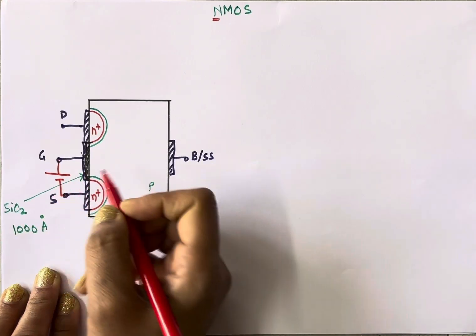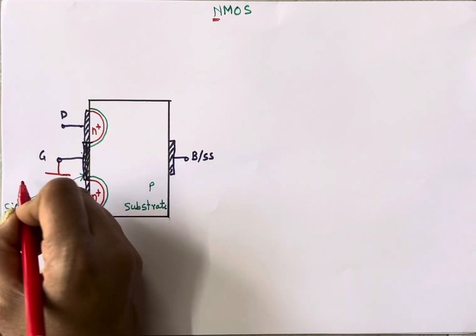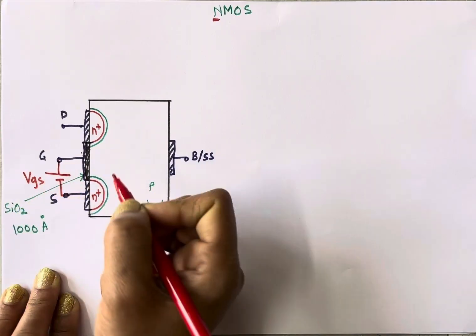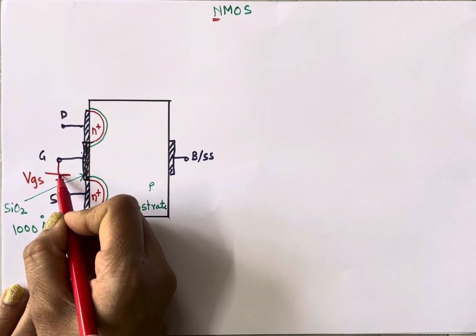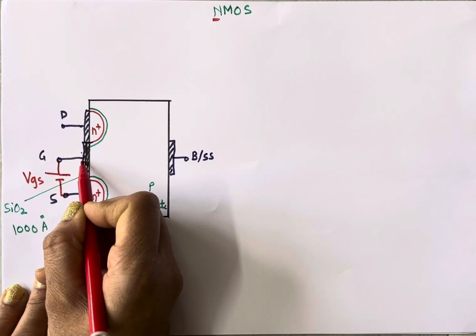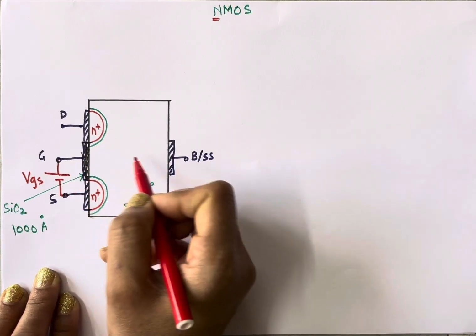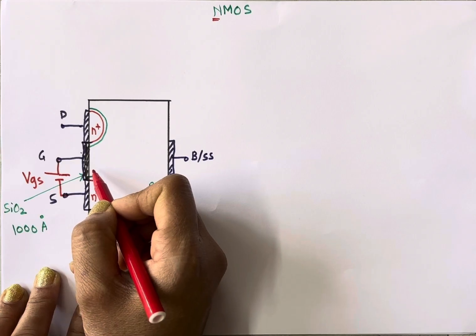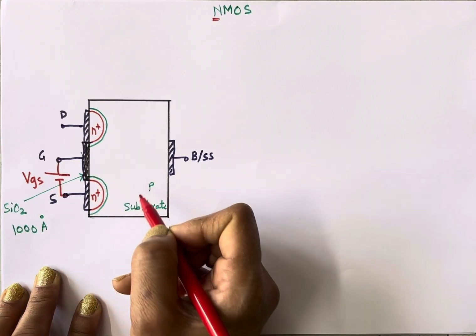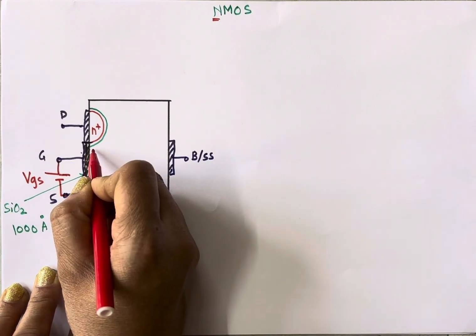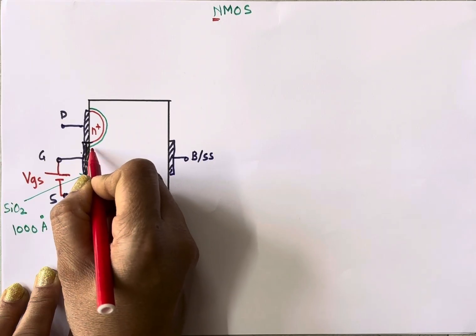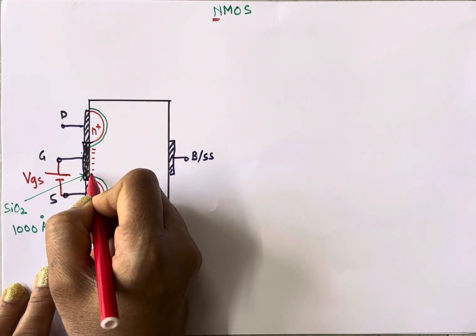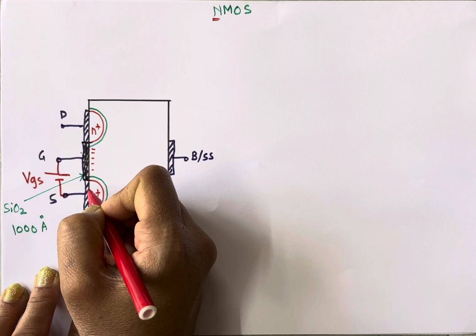So we apply voltage between gate and source. This voltage is called as VGS. Because of this positive plate which is connected to gate terminal, it will attract negatively charged particles or electrons, or we can say because of uncovering of negative immobile ions, they'll get deposited here. These negative immobile ions will get deposited here.